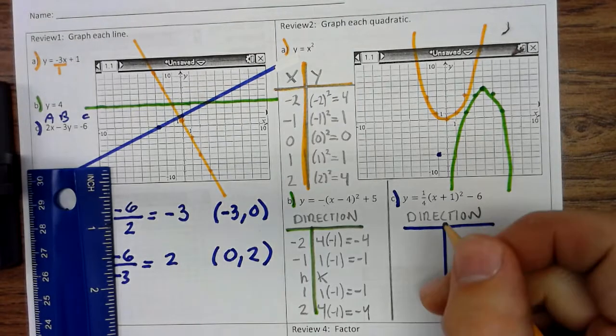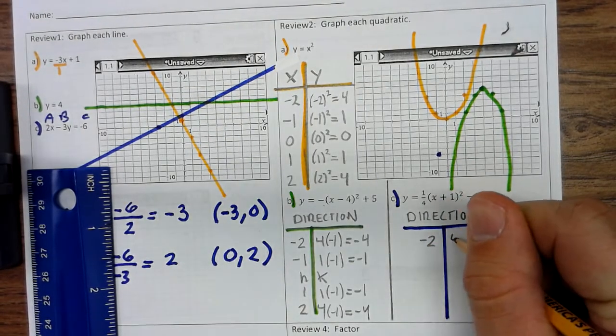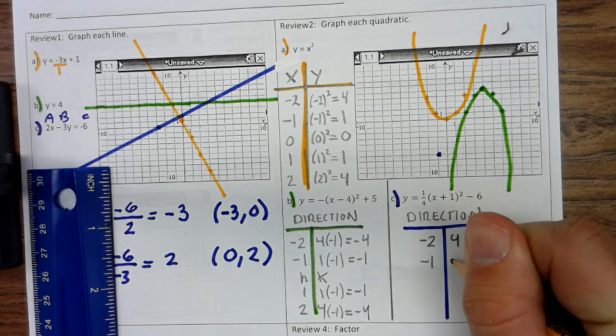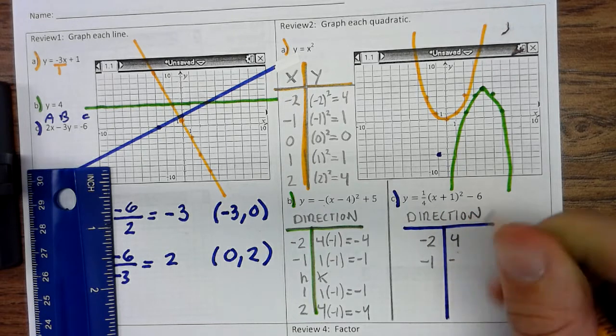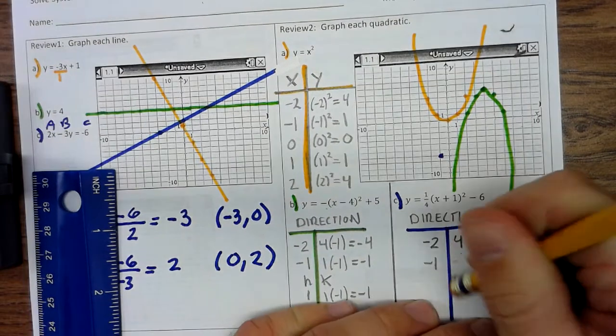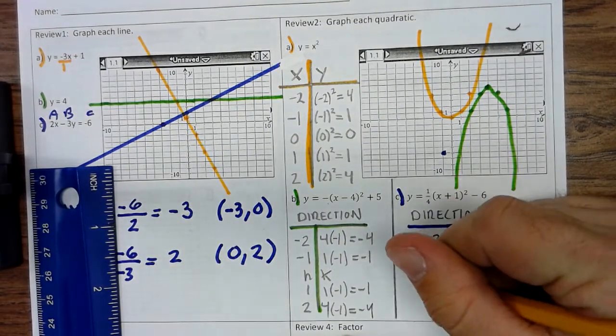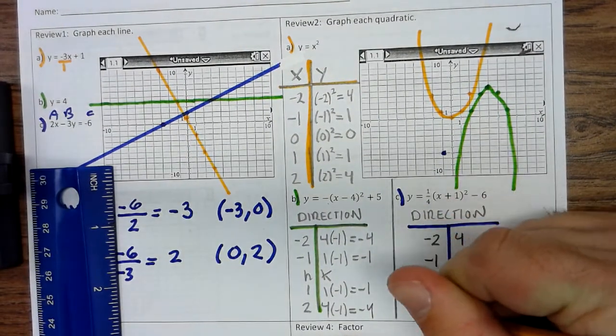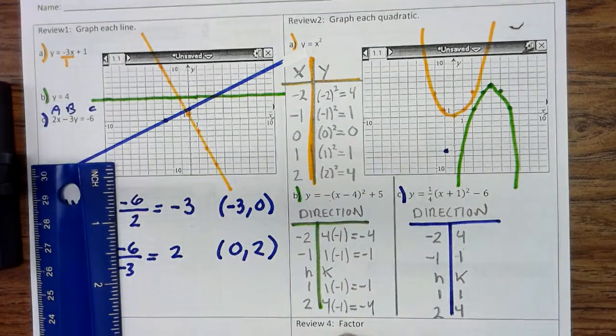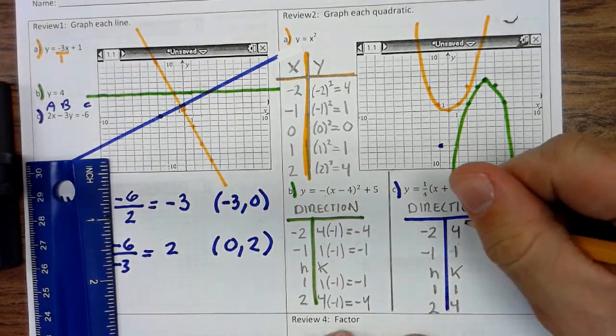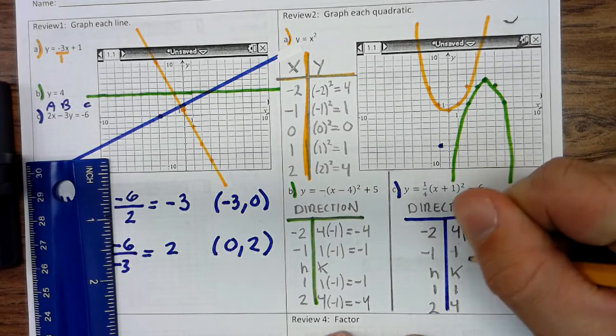All right, so we know our directions are -2, 4, -1, 1, 0, 0, 1, 1, 2, 4. But because of the 1/4, we have to multiply each of the y values by 1/4.